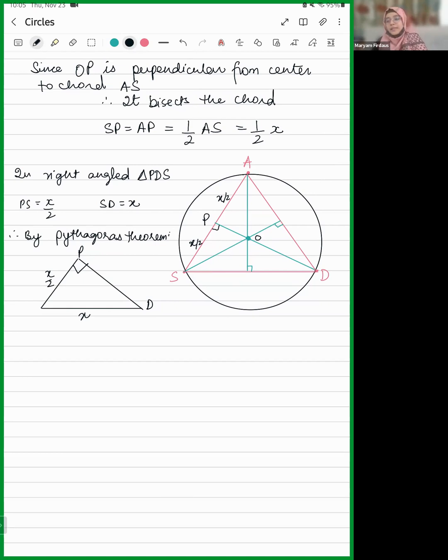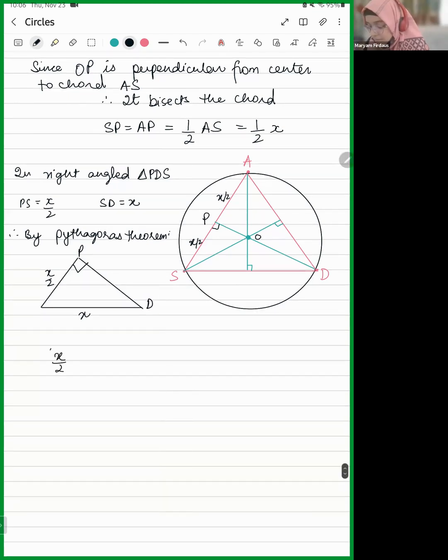What will the Pythagoras theorem statement become over here? You don't remember Pythagoras theorem? It will be (x/2) whole square plus (x/2) whole square, plus PD whole square.